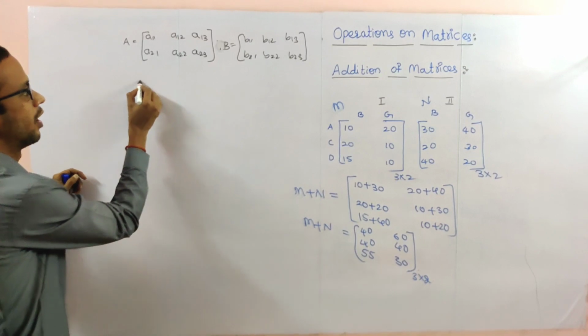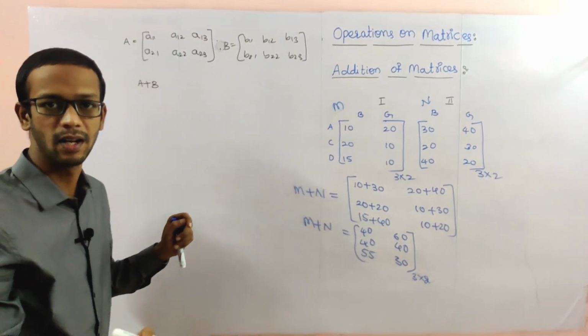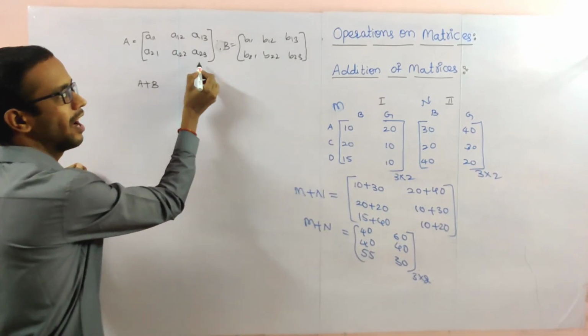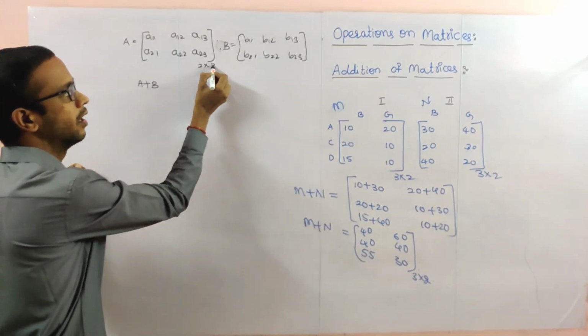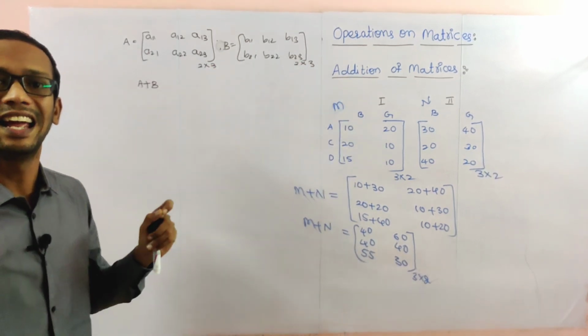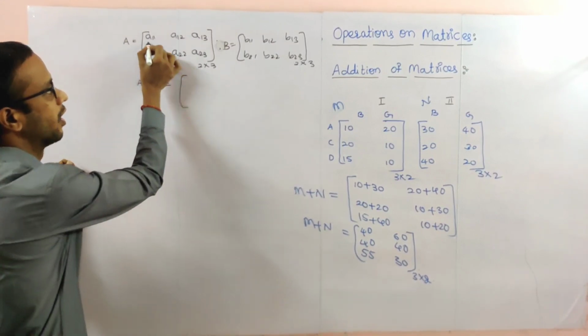Then addition exists when the order is the same. Compulsory first condition: order should be the same. What is the order here? 2 by 3. Here also the order is 2 by 3. So addition will exist or be defined.